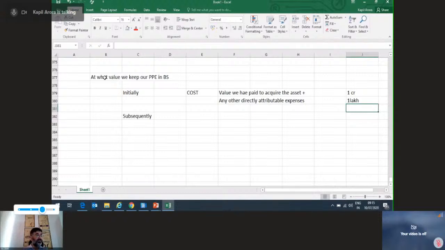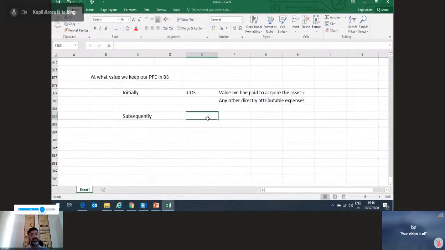Otherwise, you cannot buy the property. And 8 lakh rupees stamp duty. That is again required. Without that, you cannot buy the asset. So what would be the value of the asset? You paid 1 crore plus you have paid other items which are required. So 1 crore 9 lakh would be your value. That is initially.